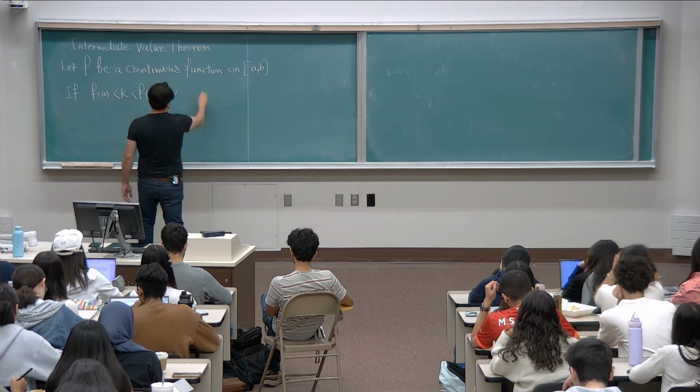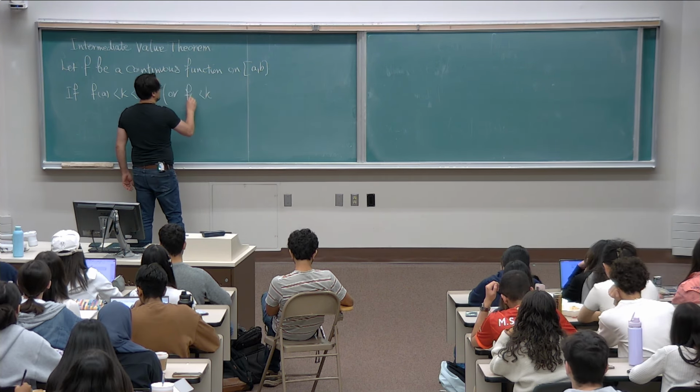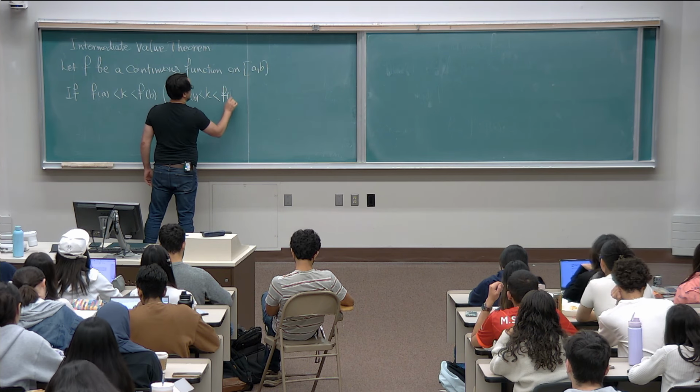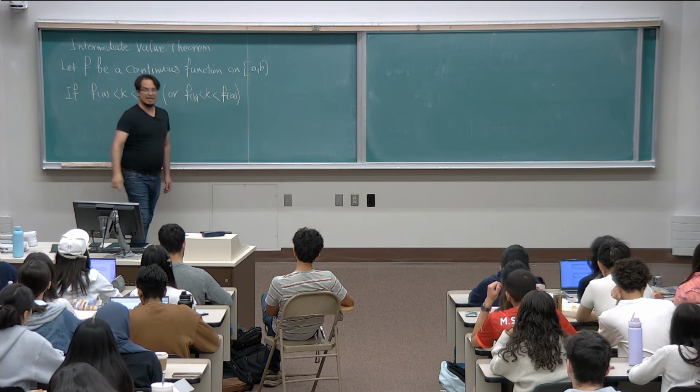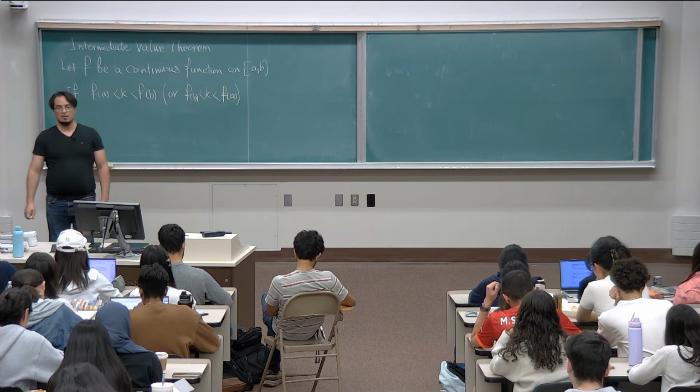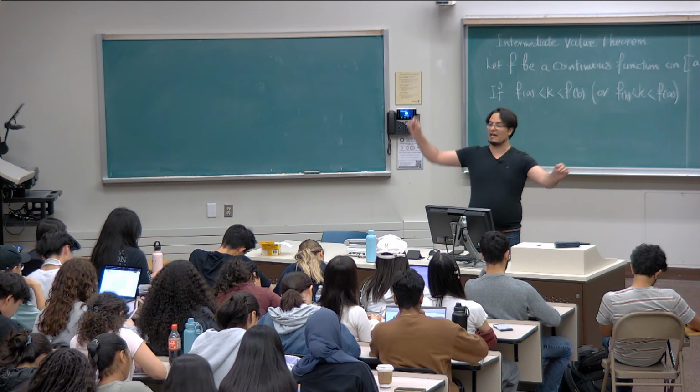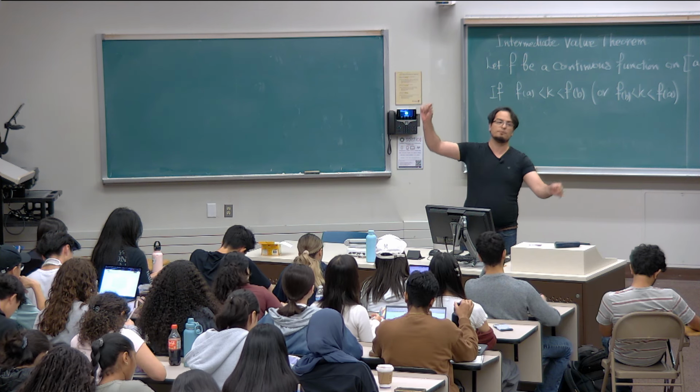But the clearest way to say this is that k is any value between f(a) and f(b). So f is continuous, and k is between the values of the function at the two endpoints.